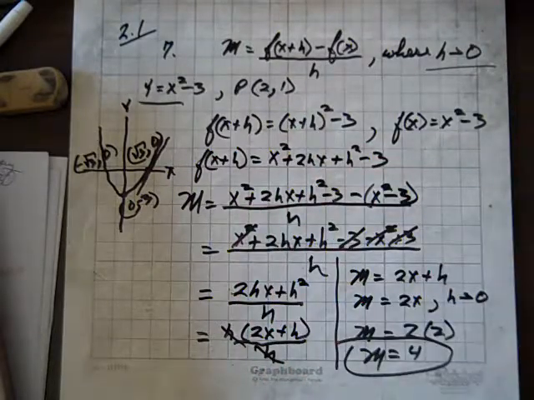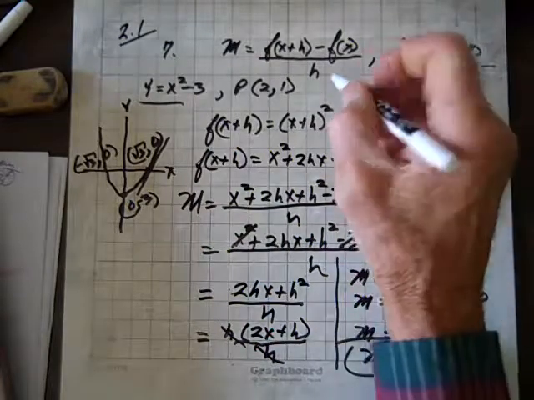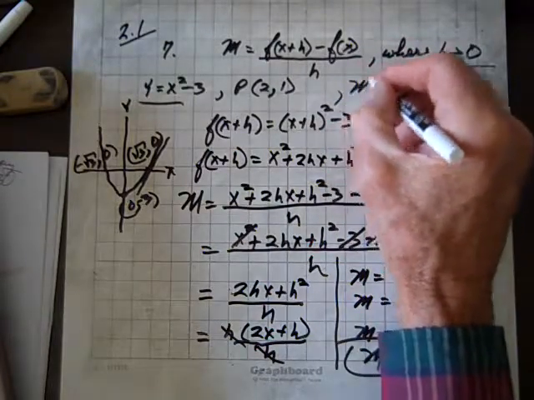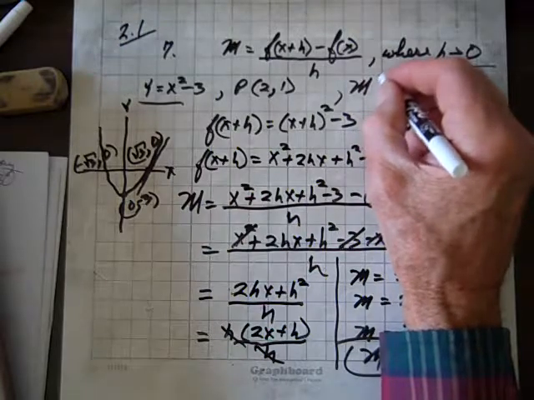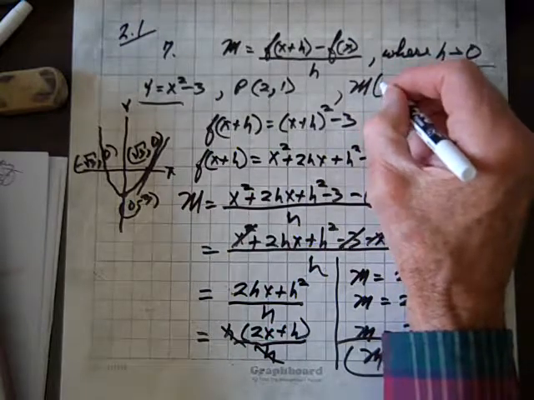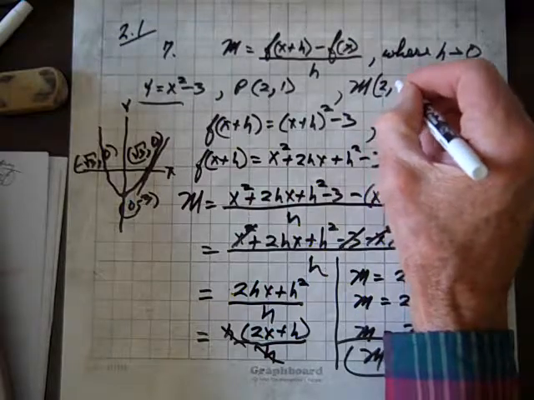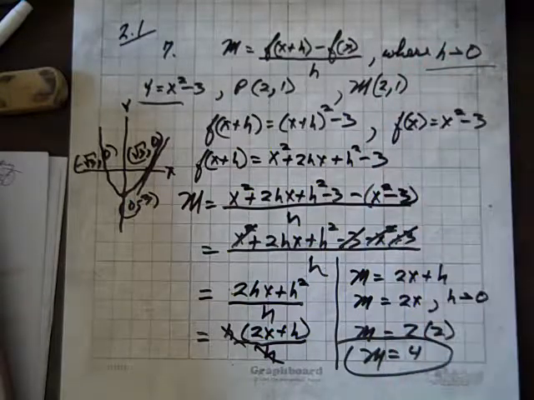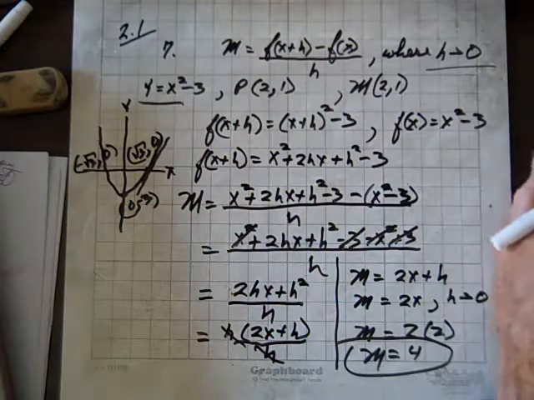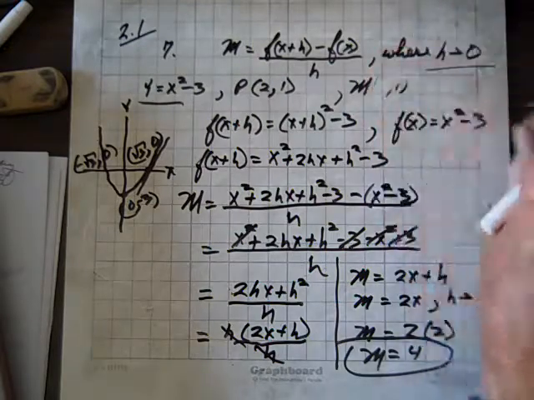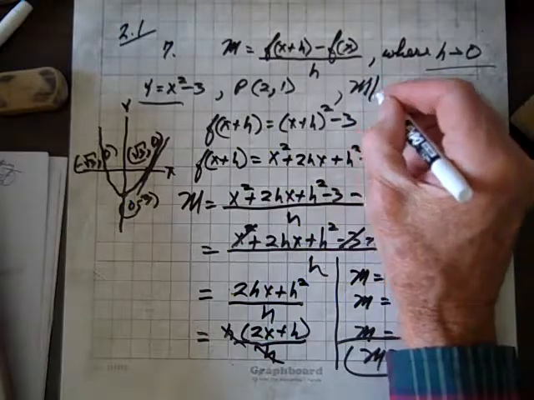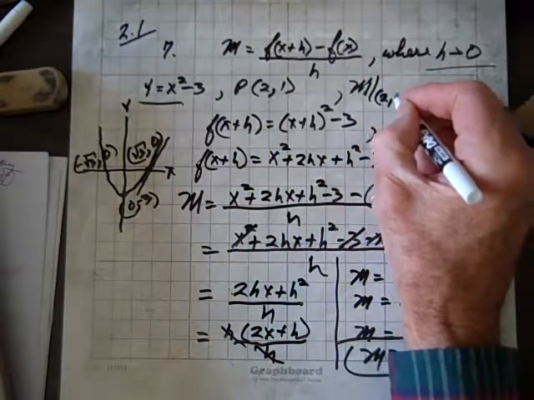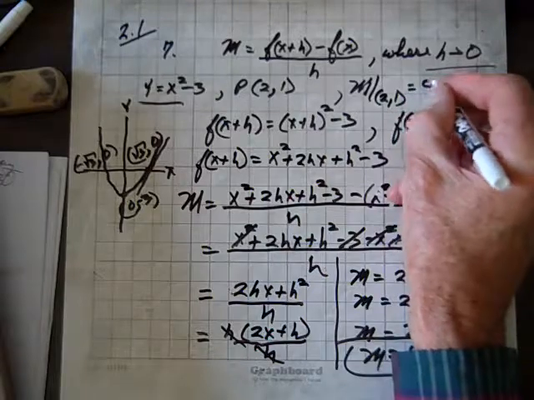Let's go beyond that, and so I'm going to warehouse that, put it right here. I'm going to rewrite that in a different way: m relative to the point (2, 1) equals 4.